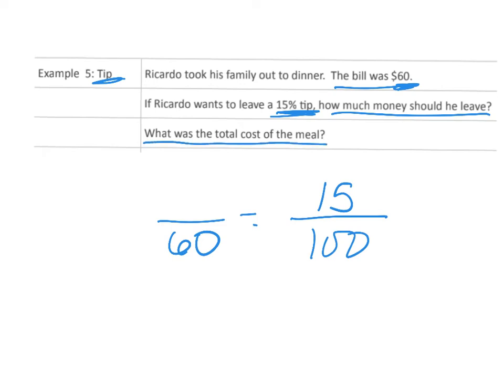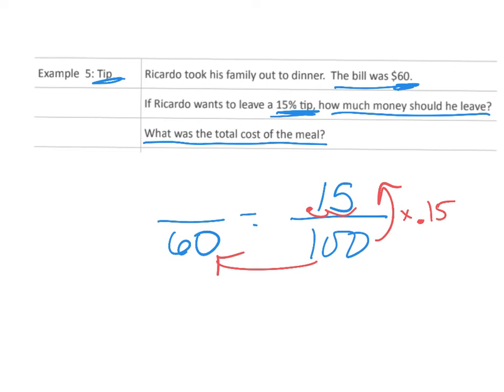Okay, so let's figure it out. I'm going to do it this way because anytime I have 100, I can go either way. I'd be doing 100, and I'm going to change that 15 into a decimal and multiply it by 0.15. So 100 times 0.15 is going to give me that 15.